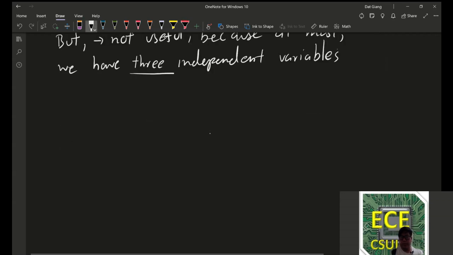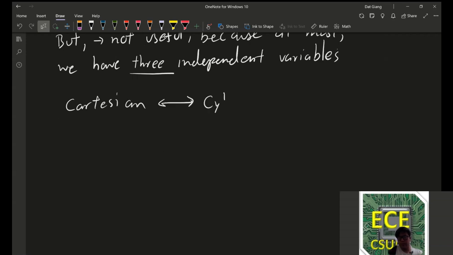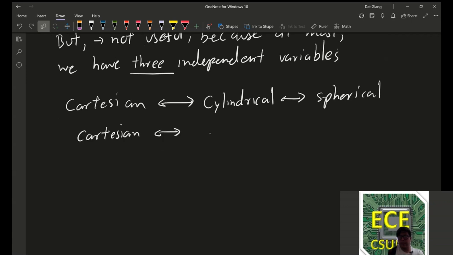And the most useful transformations would be from Cartesian to cylindrical to spherical. Or if we're talking about 2D, from Cartesian to polar. And these are the ones which dominate the majority of our discussion because we can see practical uses for converting from one to another mathematically.